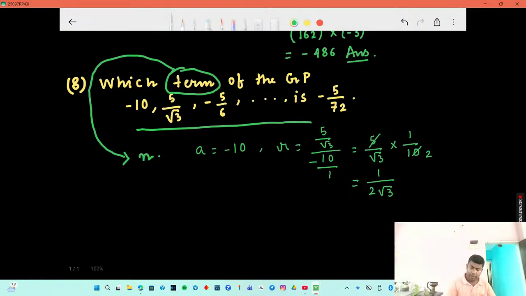Here we will write minus, because minus is given in front of 10. Is it clear?